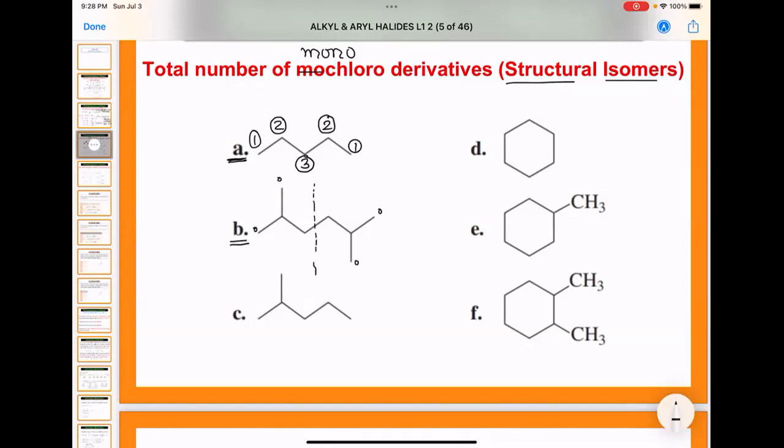If you look at both sides, this side and that side are the same. So this carbon and this carbon are the same because they are on either side of the middle line. This one and this one are the same. And all these 4 groups are also the same because they are at equal distance. So totally you will have 3. Good, 3 is the right answer. 3 structural isomers. Is it clear?